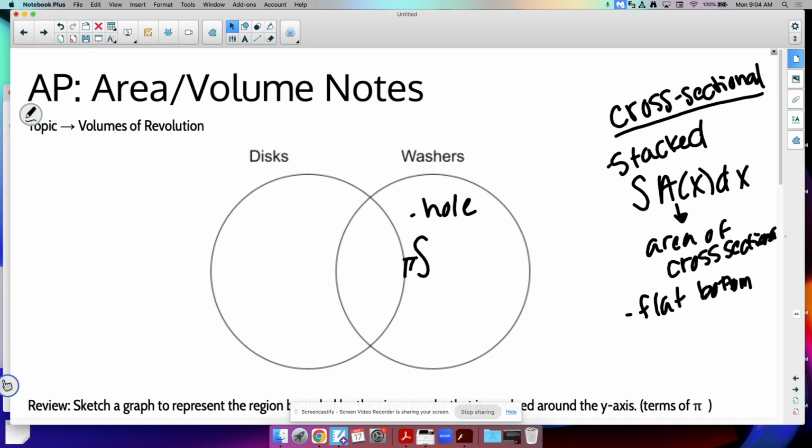So pi, then something squared minus something squared: big squared minus little squared, dx, dy, whatever. What makes it have that hole? This is kind of an extension type question. In terms of the axis of rotation, is it touching that axis or not touching it? Not touching it.